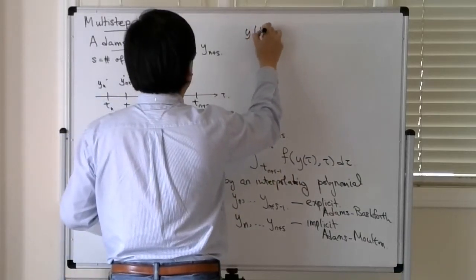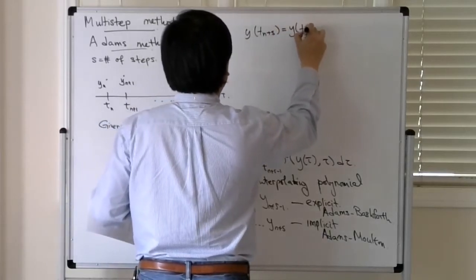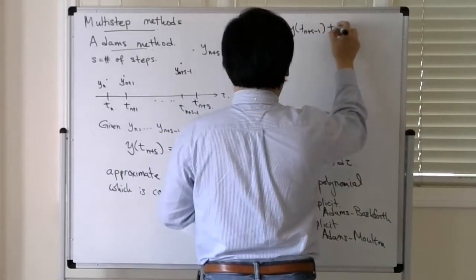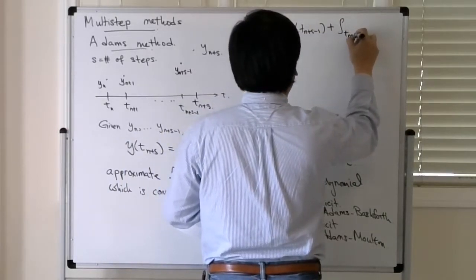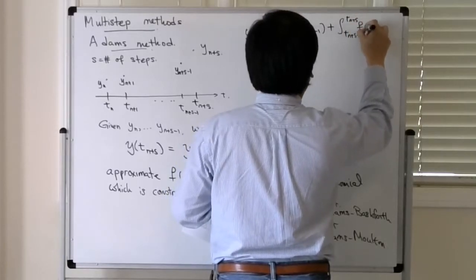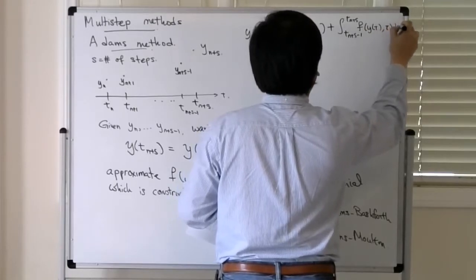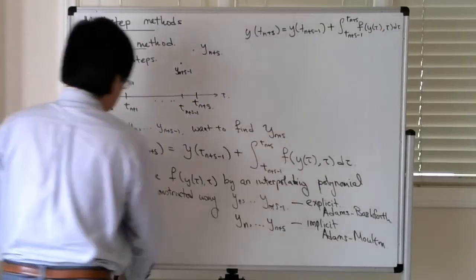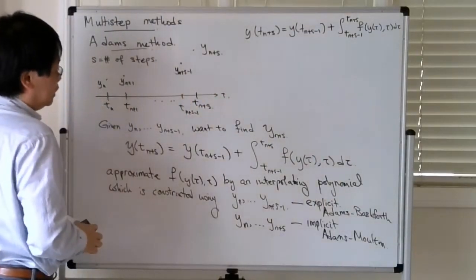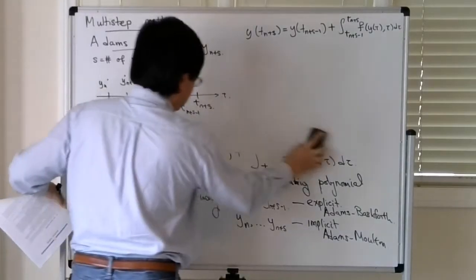Y at Tn plus s equals y at Tn plus s minus 1, plus the integral from Tn plus s minus 1 to Tn plus s of f of y tau, tau d tau. Okay, and you want to construct an approximation of the integrand using the function values which are given to you.